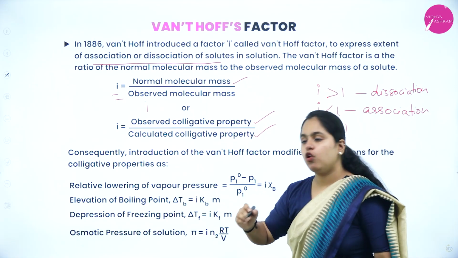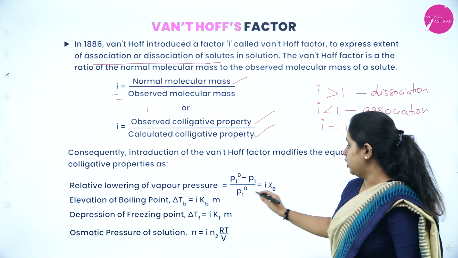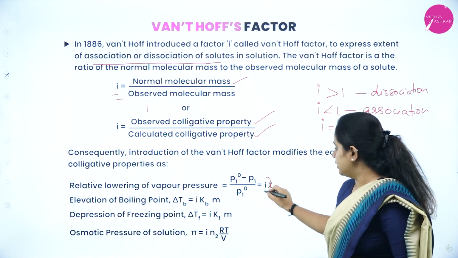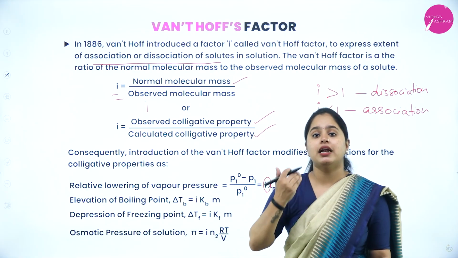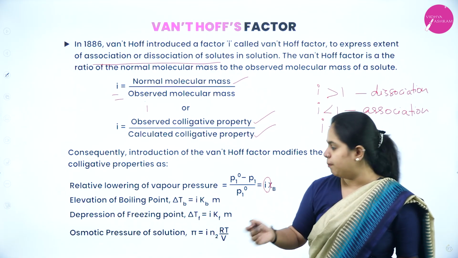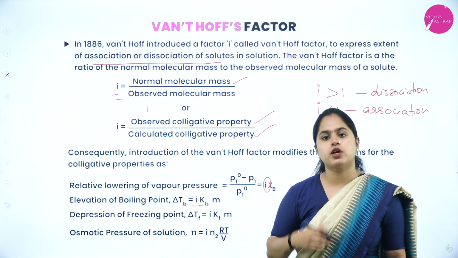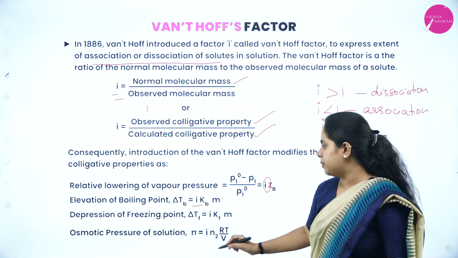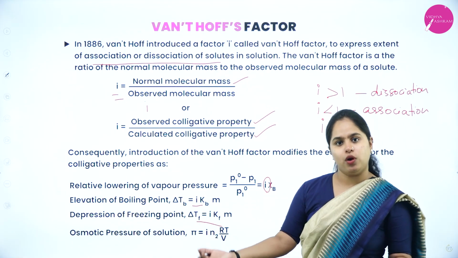For the relative lowering of vapor pressure, what was the equation? (P1 naught minus P1) by P1 naught is equal to chi B. So here the i is introduced into the same equation. For the elevation of boiling point, delta TB is equal to KB into m, right? So i is again introduced here, and it becomes delta TB is equal to i KB m. The depression in freezing point becomes delta TF is equal to i into KF into m, right?